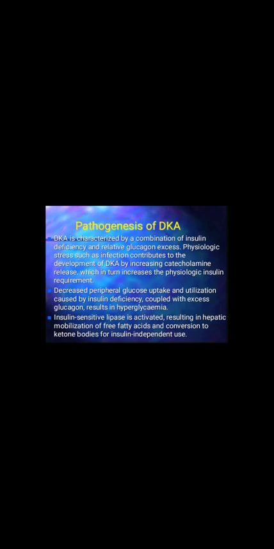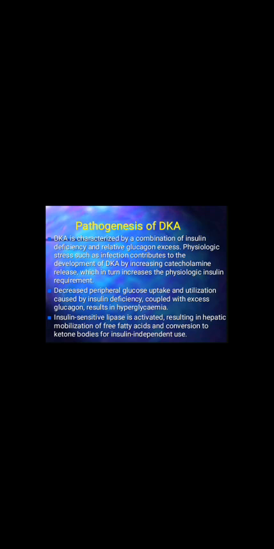The catecholamines are released, which in turn increase the physiologic insulin requirement. The second is decreased peripheral glucose uptake. In the periphery, glucose is not really taken into cells, and it's not well utilized. Why? There is insufficiency of insulin, and the excess glucagon will in turn lead to more of the hyperglycemic state.